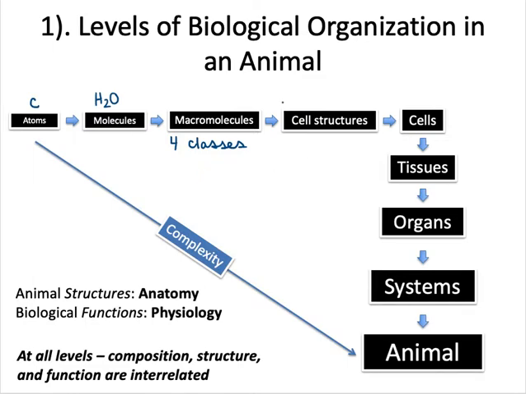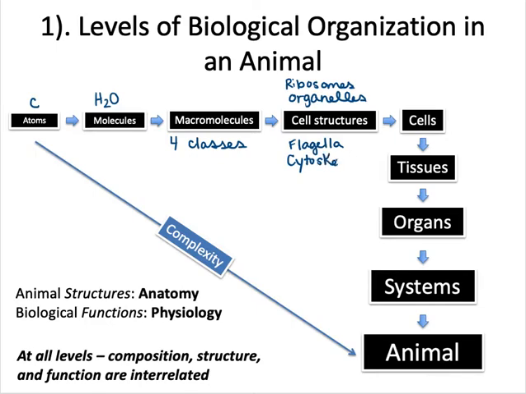And then we have our cell structure, which includes things like ribosomes, and in eukaryotic cells, we have organelles, or the nucleus. Maybe we have things like flagella or pili, or cytoskeleton fibers.